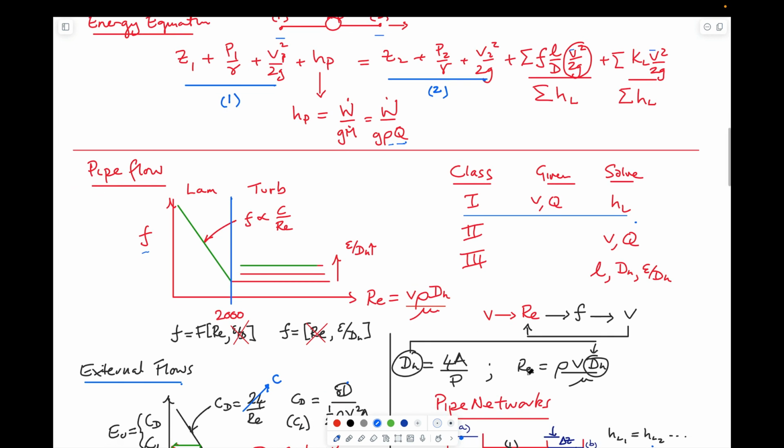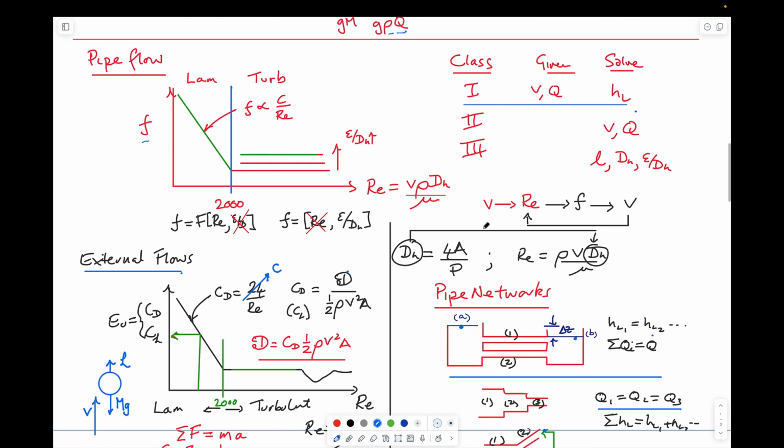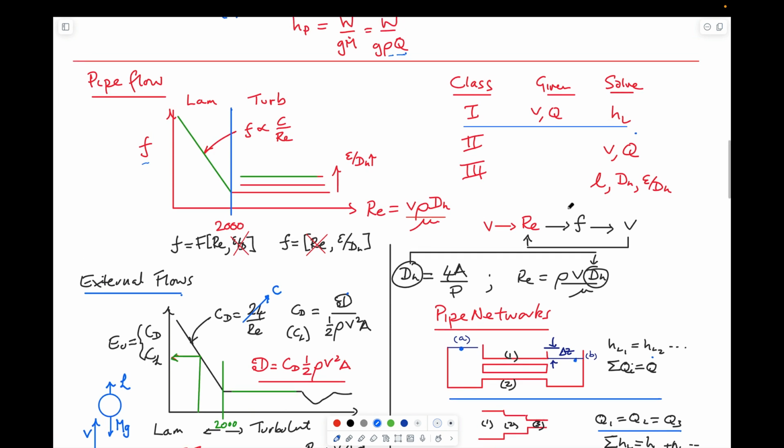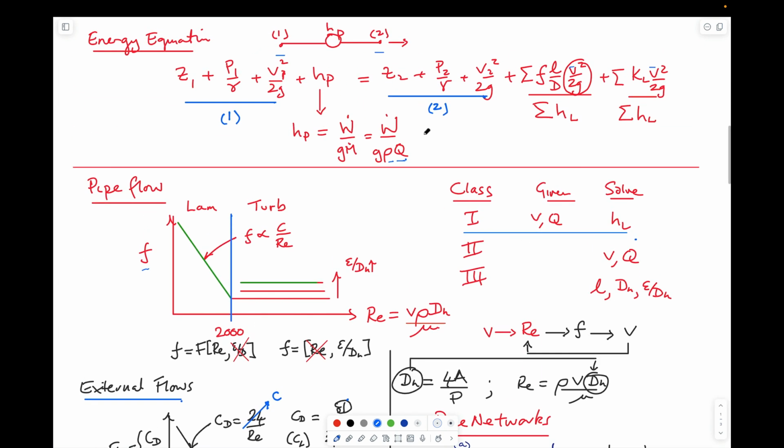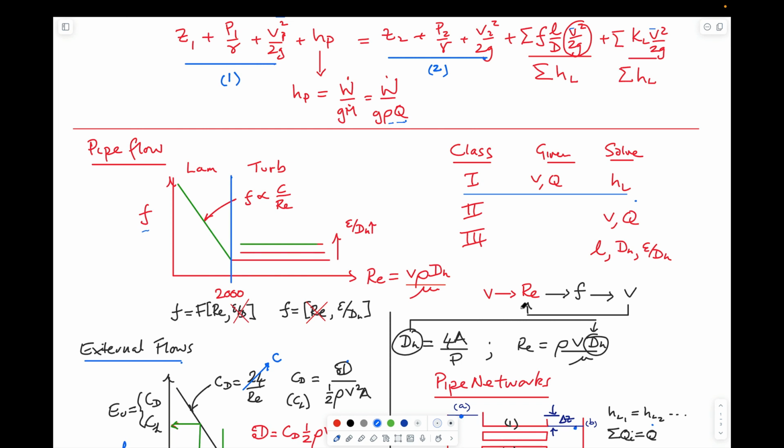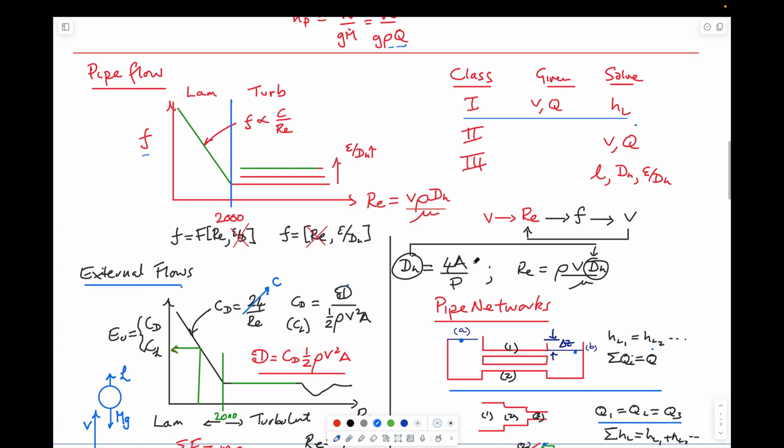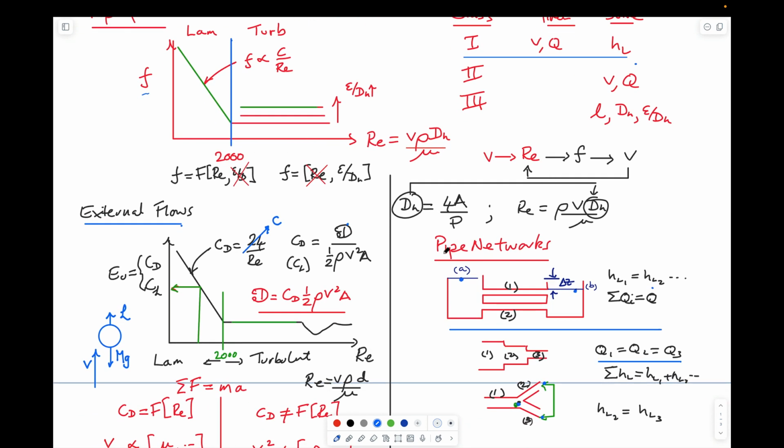And usually the solution method is to guess a Reynolds number, calculate a friction factor, use that friction factor to actually calculate a velocity using the energy equation, and then check back that the Reynolds number that you used before is close to the other one. That's important, of course, if it's a type 2 or type 3 problem, but as I say, a class 1 problem you can solve in one step and don't need to go through that iteration.